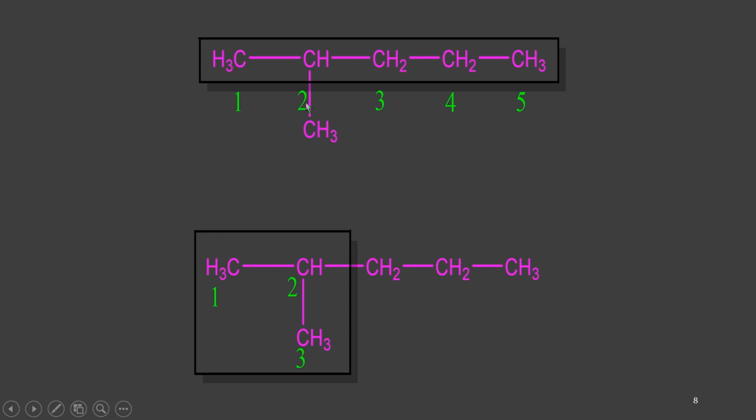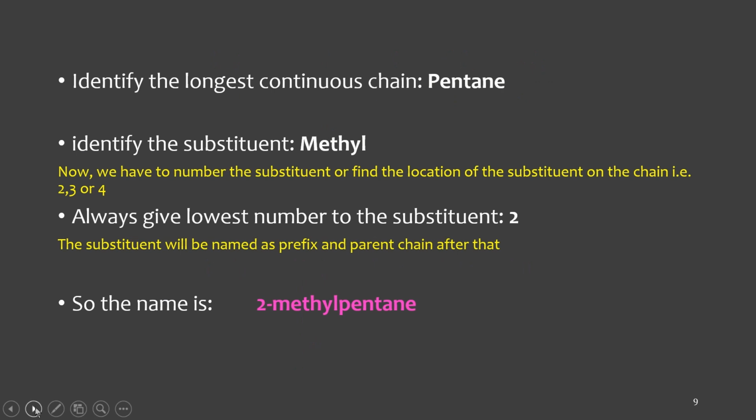We give the name and the position of the substituent on the longest continuous carbon chain. Now we have to number the substituent, or find its location on the chain. Always give the lowest number to the substituent. In this case, it will be 2.